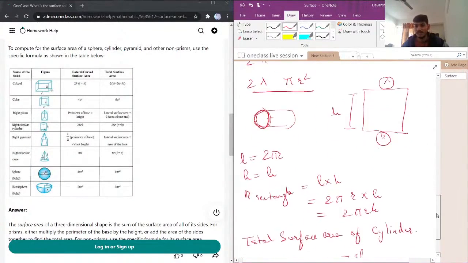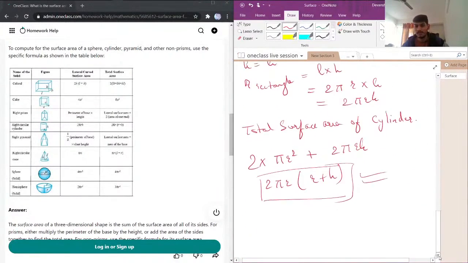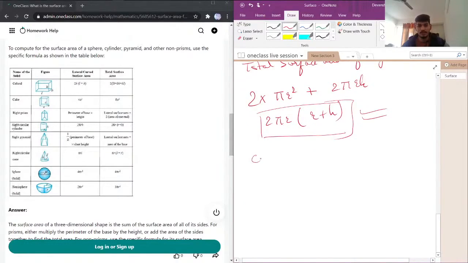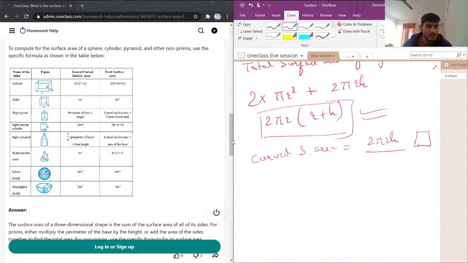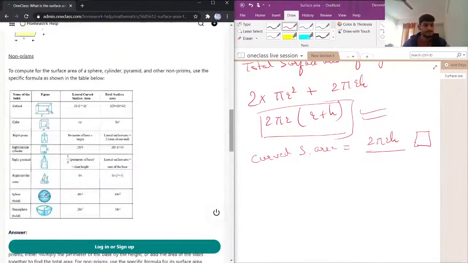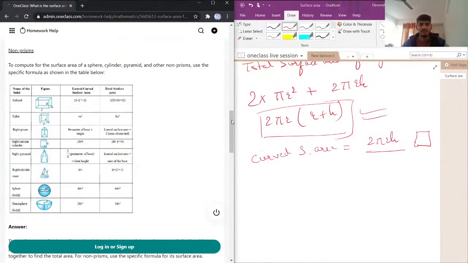So for a cylinder, we get curved surface area is nothing but 2 pi r h, the area of the rectangle which was curved. So here also 2 pi r h. To compute the surface area of a sphere, cylinder, pyramid and other non-prisms, use the specific formula as shown in the table.